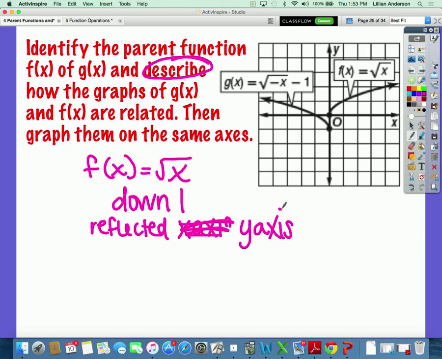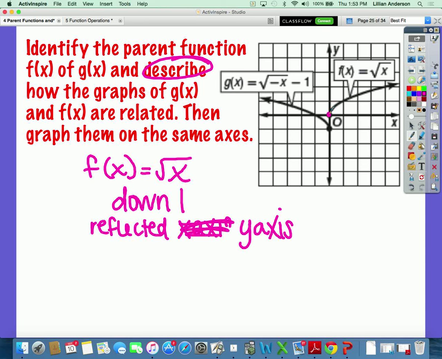Then you would actually graph them on the same axis, and they're already graphed for you on the same axis. But your parent function, you can either use the coordinate points that we graphed together. You can use your foldable while you have it, but at the end of the day, you're going to be committing these to memory. Because the more easily you know them, the easier it will be to transform. So you take each point, you will reflect it over the y-axis, so it's not going to go anywhere at this point.